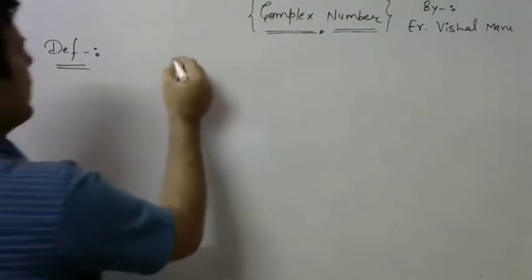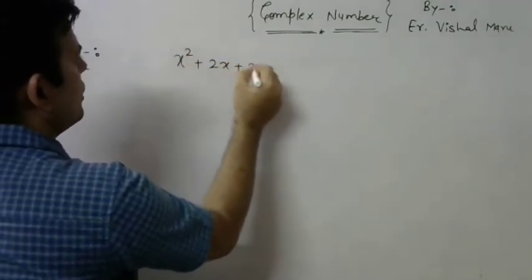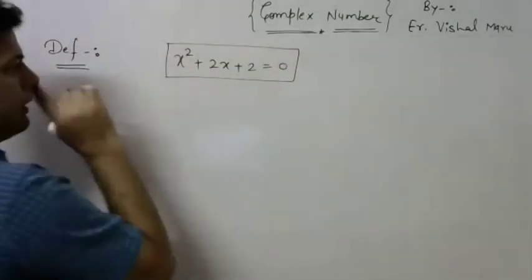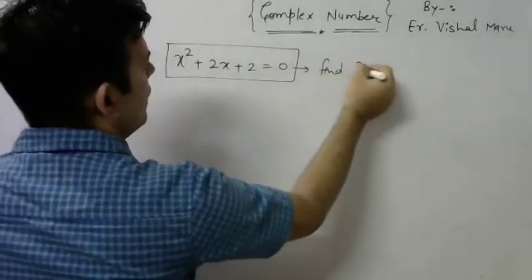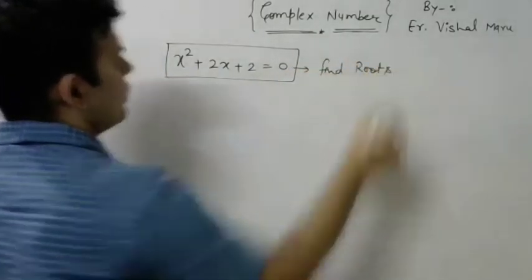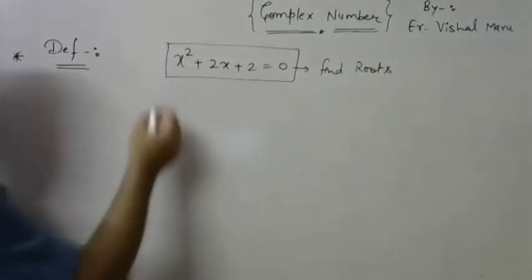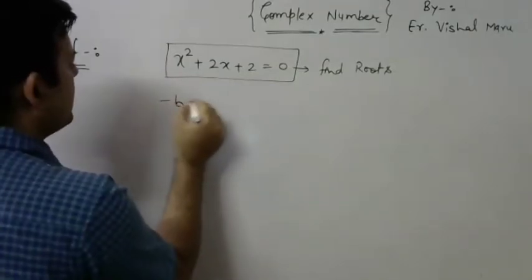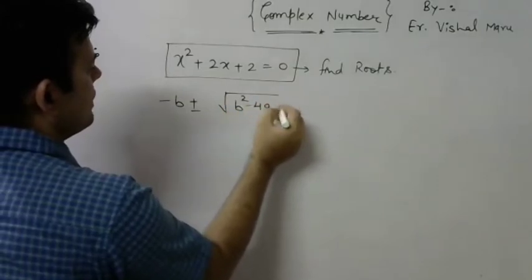I will take a quadratic equation x square plus 2x plus 2 is equal to 0. I have to calculate its roots. To find roots, we have a formula: minus b plus minus root of b square minus 4ac upon 2a.